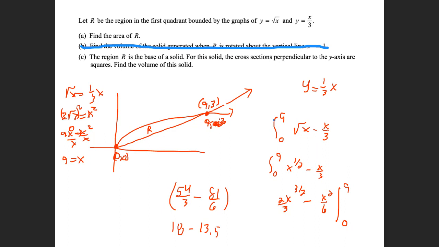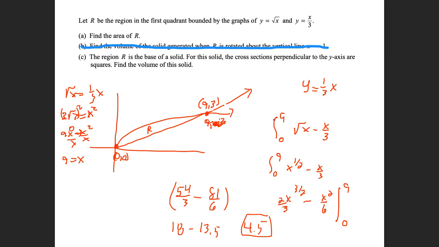If I subtract that, 18 minus 13.5, and you just end up having to do this by hand, which would be 4.5 for the area. Okay, so that's finding the area.